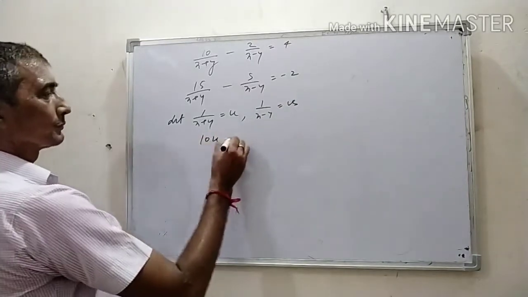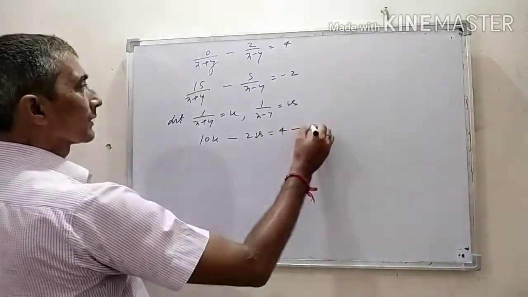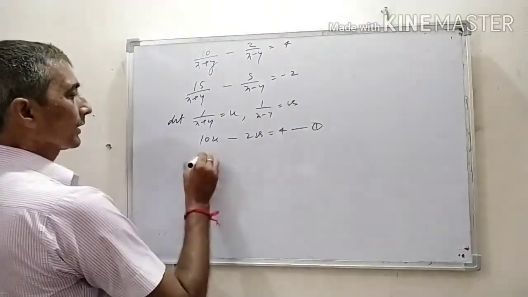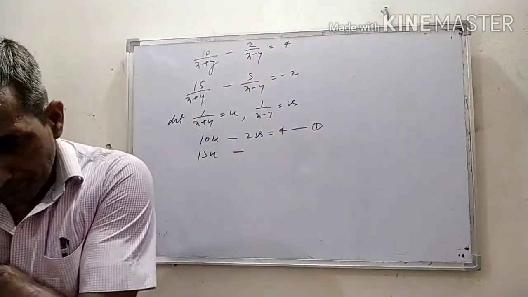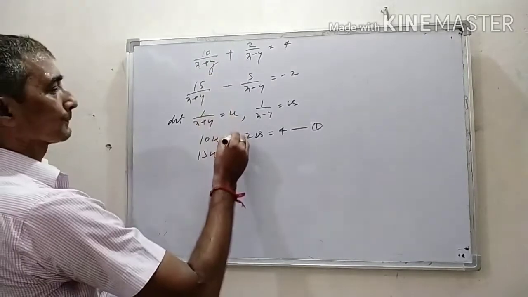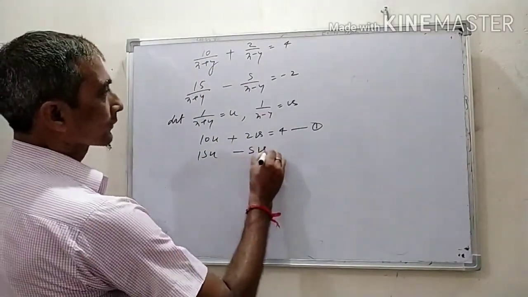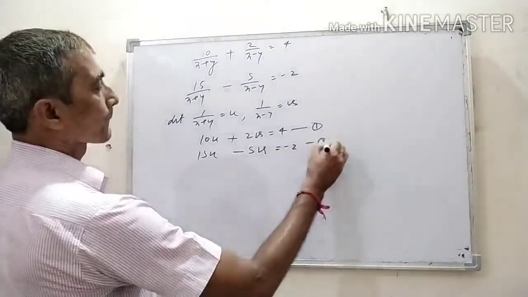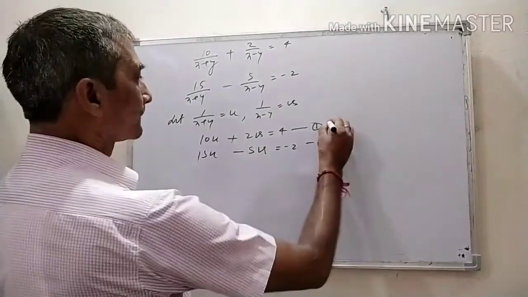Therefore 10u plus 2v equal to 4, that is equation 1, and 15u minus 5v equal to minus 2, that is equation 2. Now I am going to solve these equations by the elimination method.